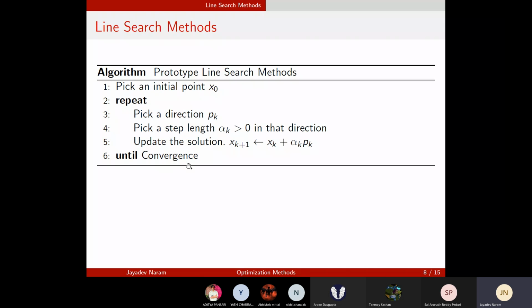Usually if the gradient of the objective function is less than some tolerance, we say it has converged.